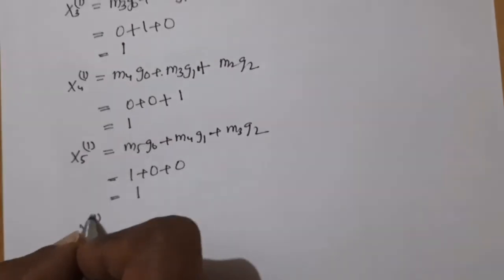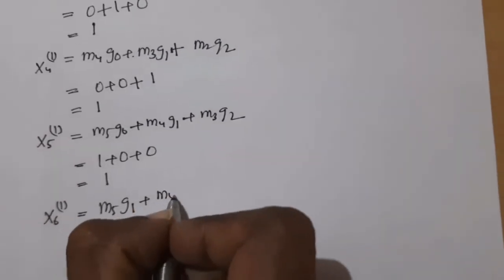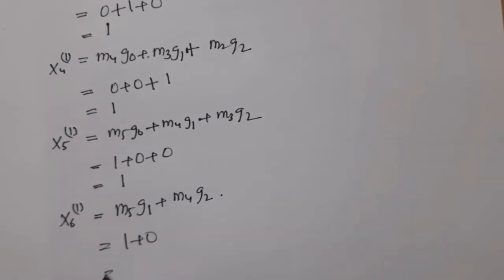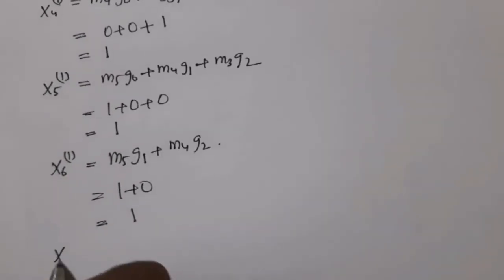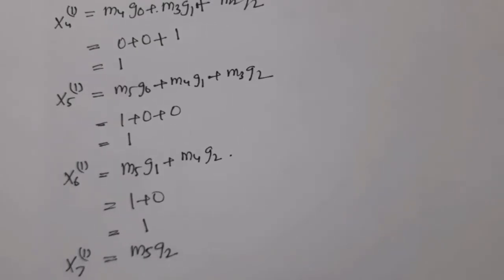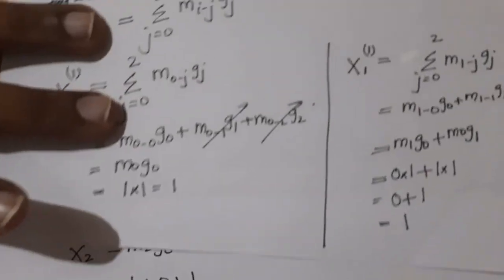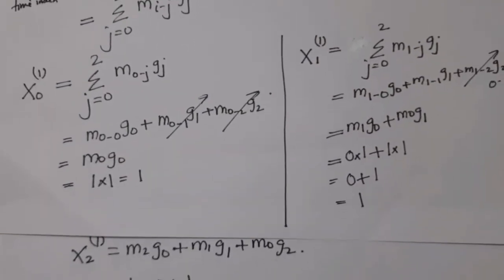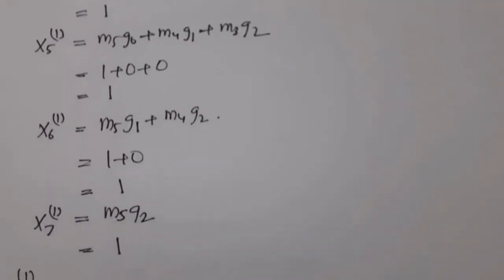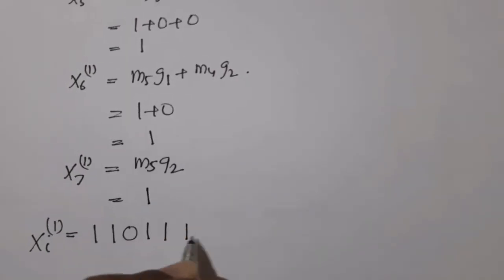And x6 is m5 g1 plus m4 g2 only, which is equal to 1 plus 0 equal to 1. And x7 of 1 is m5 g2 only, so this will be equal to 1. So xi of 1 can be written as 1, 1, 0, 1, 1, 1, 1, 1.